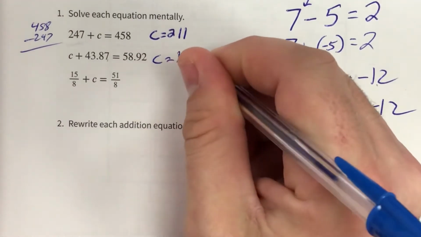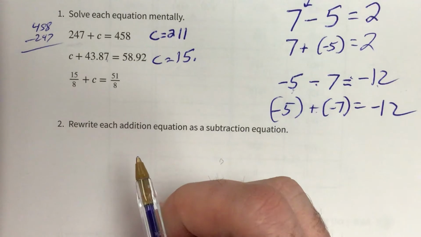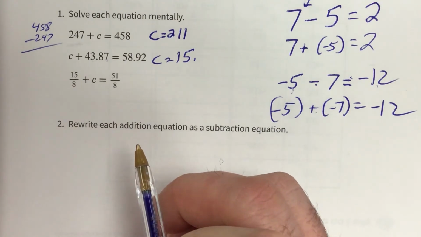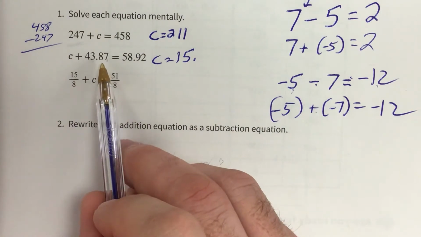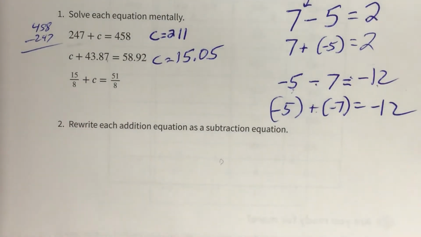I like the 15. How do you get 87 to a 92? 87 plus what is 92? 5. 15.05. How about the last one?